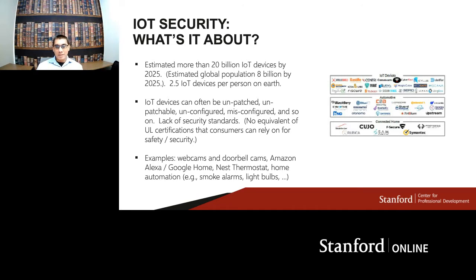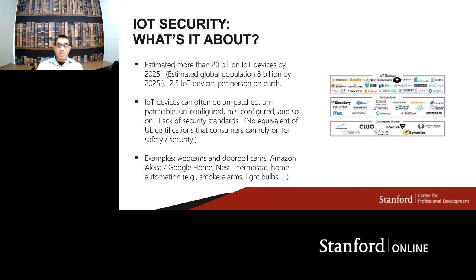There's expected to be 20 billion of these types of devices deployed by 2025. There are only 8 billion people expected to be on the face of the earth by 2025, so that's a significant number of devices. Now, these devices have typically been engineered to be as low cost as possible, and even if security has been a design criterion for some of them, it typically has not been the highest priority.